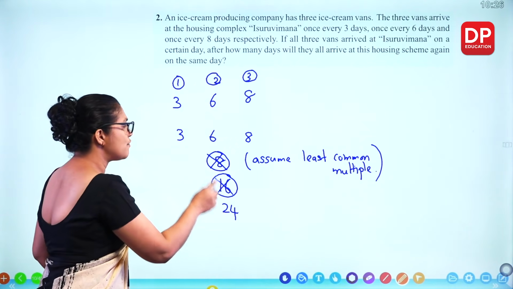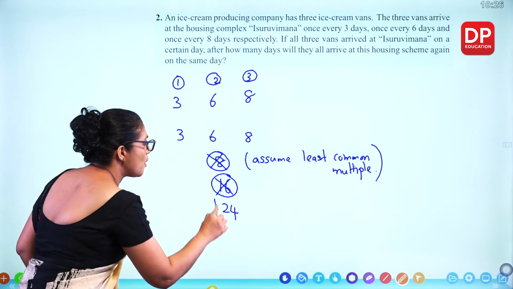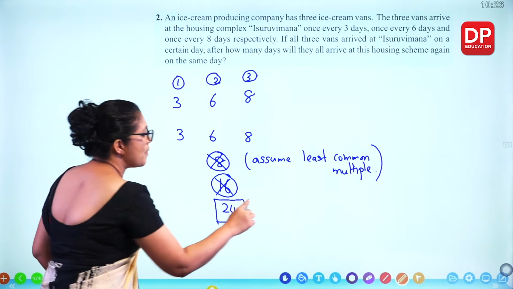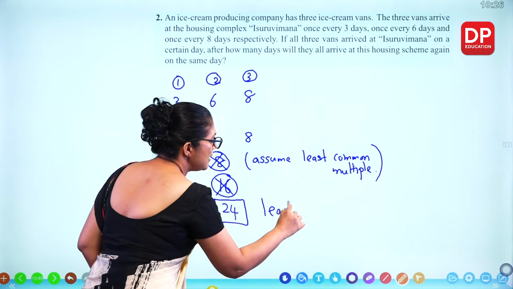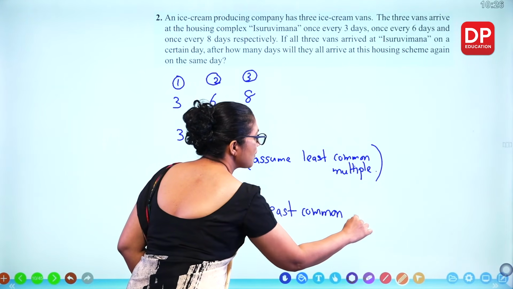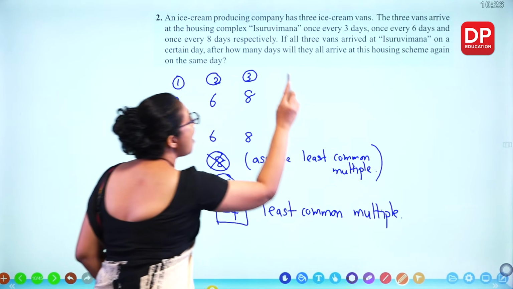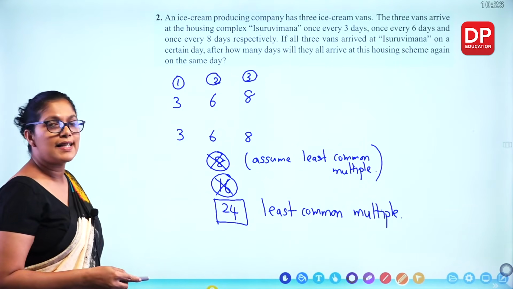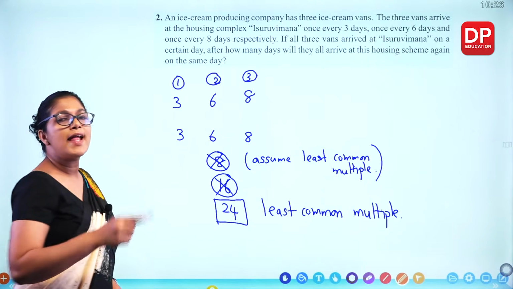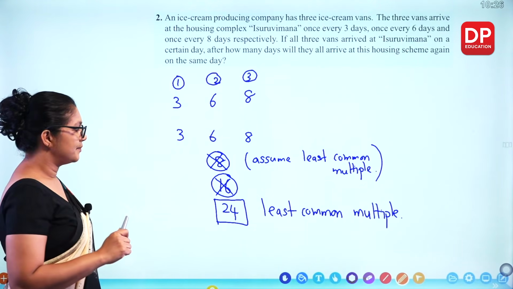So here 24 is divisible by all these 3 numbers. So what's the least common multiple? The least common multiple is 24. That means after 24 days, all these 3 vans come on the same day.